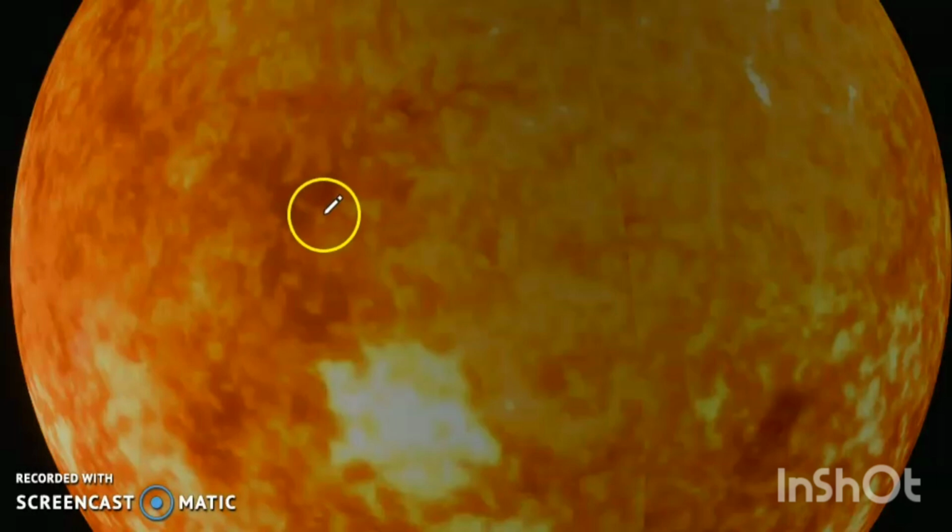The Sun formed about 4.6 billion years ago from the collapse of a part of a giant molecular cloud. The Sun has 8 known planets orbiting it. This includes 4 terrestrial planets: Mercury, Venus, Earth, and Mars, and 2 gas giants, Jupiter and Saturn.